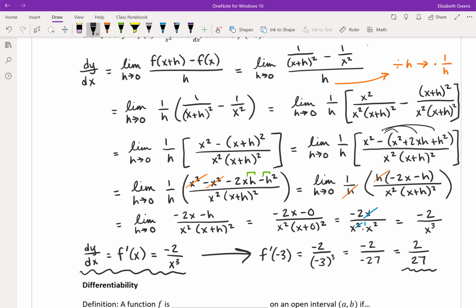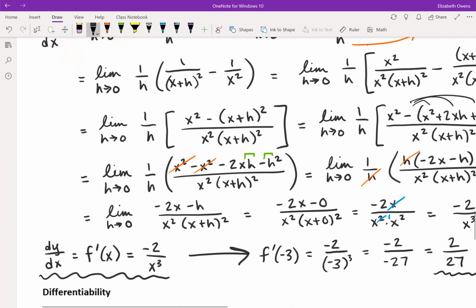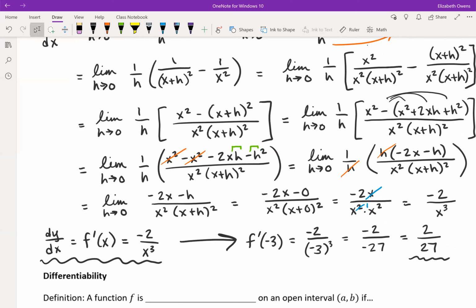Now, one last thing on this problem here, since it is a lot of notation, the notation for this type of thing, plugging in a value into the derivative function, we have just seen it in that Newton notation so far. In Leibniz notation, this looks a little bit weird. So here's Leibniz notation.